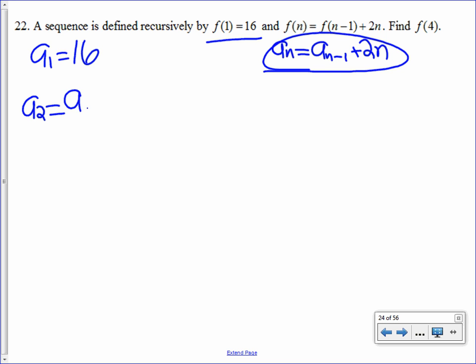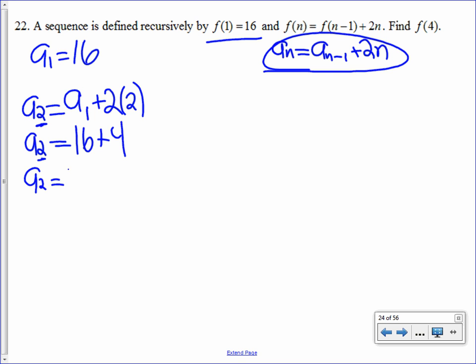A sub n minus 1 is a sub 1 plus 2. N is 2 in this example. N is whatever term you're finding. A sub 1, again, is 16 plus 4, which is 20.